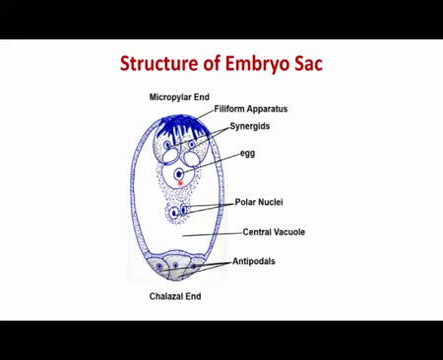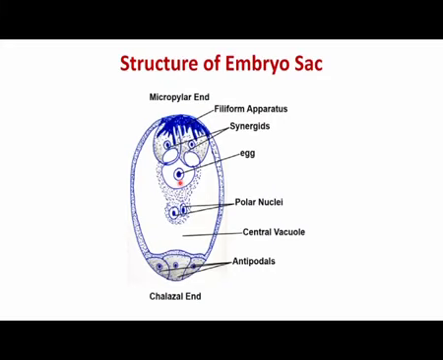The filiform apparatus formed in the synergid cells helps in absorption as well as transportation of nutrients into the embryo sac. Along with that, the synergids also give direction to the pollen tube by secreting some chemicals. That is how they attract the pollen tubes, so that it reaches the egg.